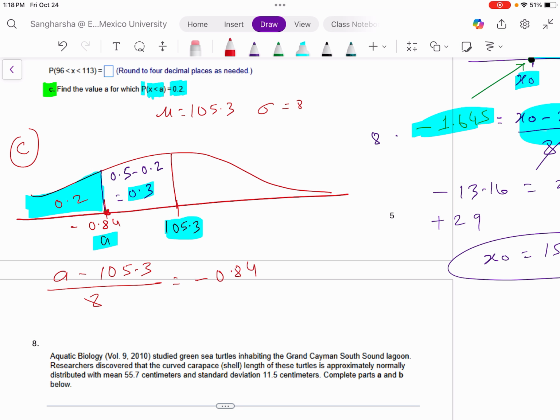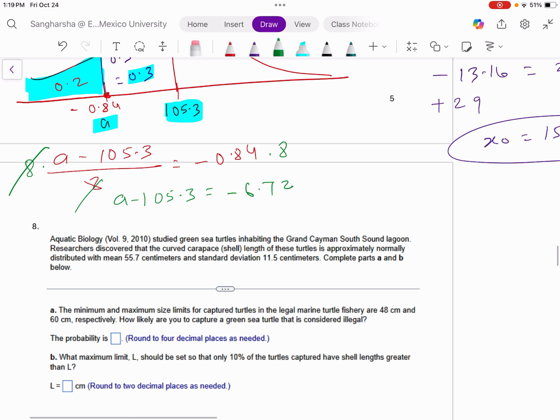We multiply both sides by 8, this cancels, and we have A minus 105.3 equals negative 0.84 times 8, and that's negative 6.72.